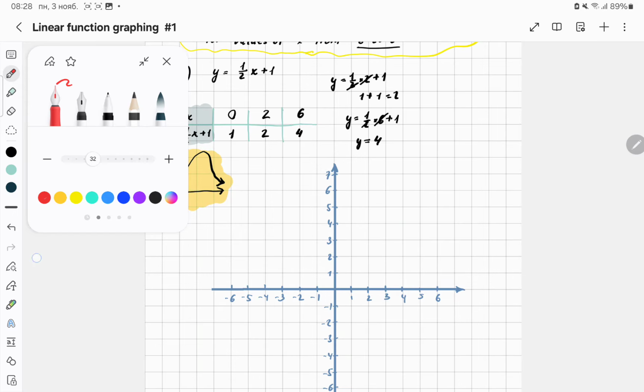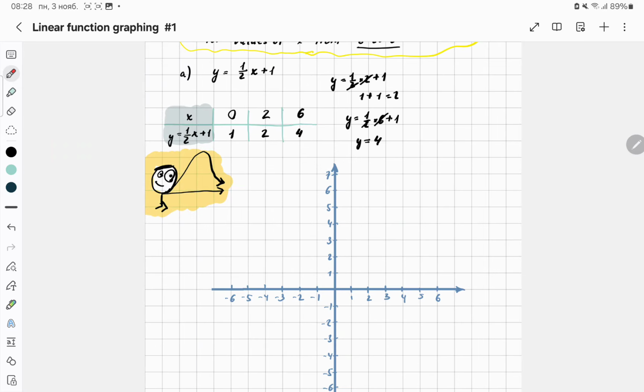Okay, now let's do that. We have x equal to 0 and y equal to 1, this point first, then 2 and 2, this point, and the last one, 6 and 4, is here.